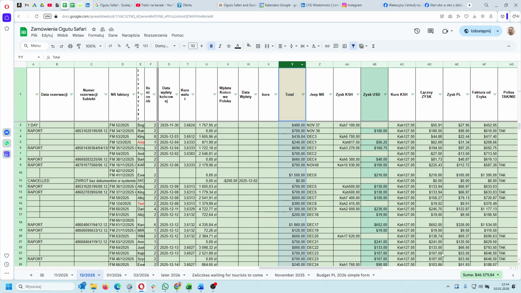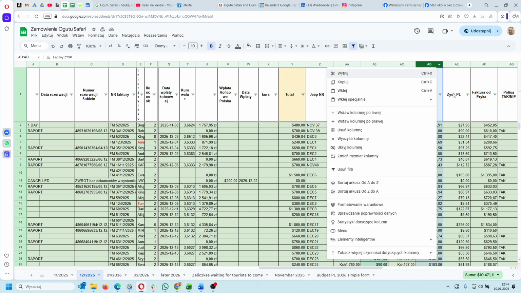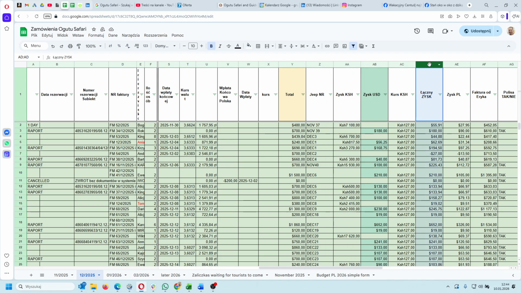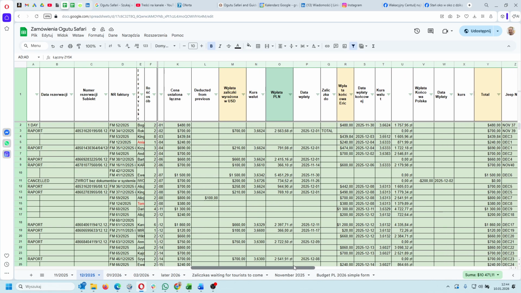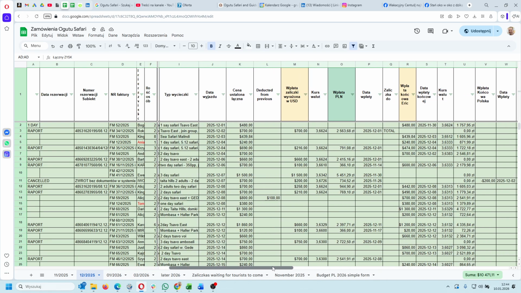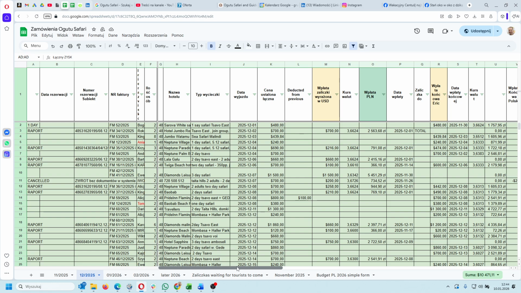So the total customers paid $46,000, and the income on that was $10,000. Now, what we also know is that they paid to Poland here in dollars $12,000.